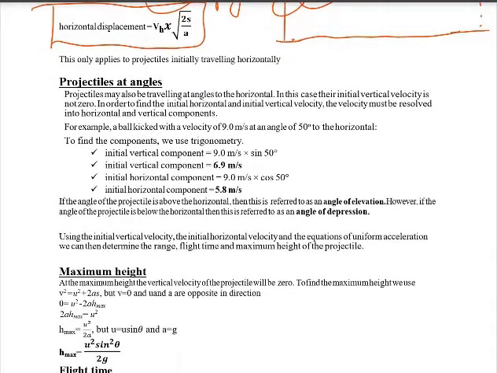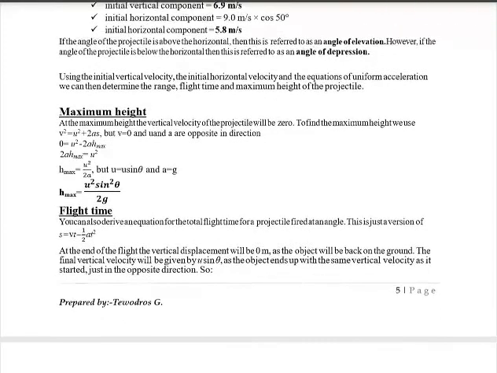Now, the other thing is projectile at an angle. In projectile at an angle, the projectile may also be traveling at an angle if it is launched from the ground, and if it is at an angle, we can have two component velocities, the horizontal and the vertical velocity. Let us see that first.